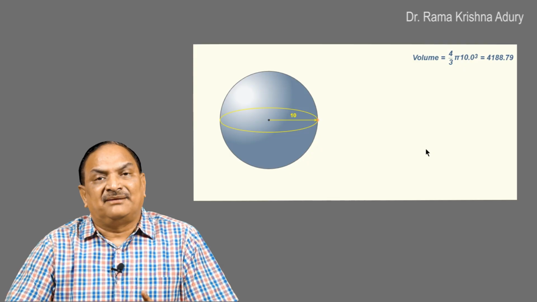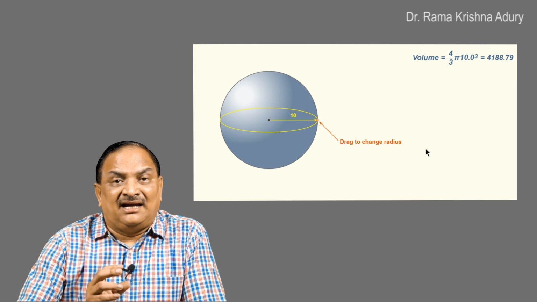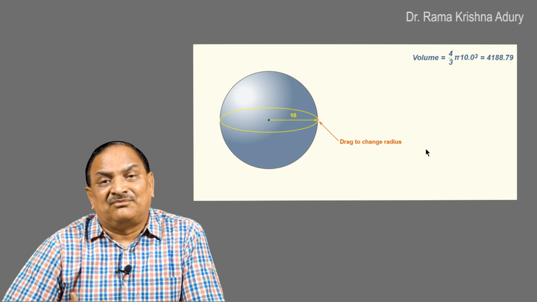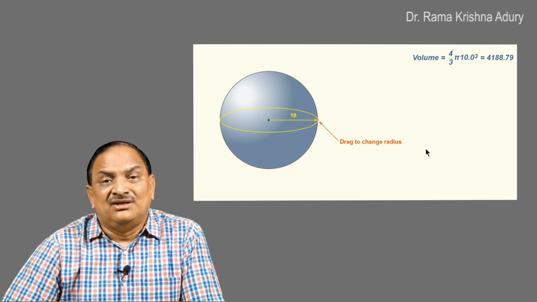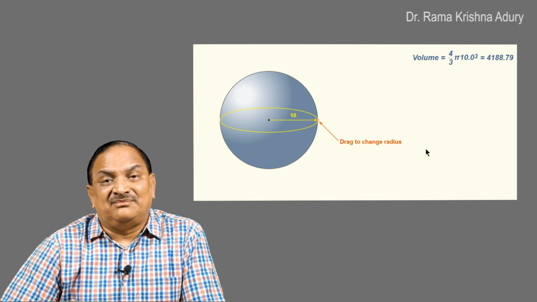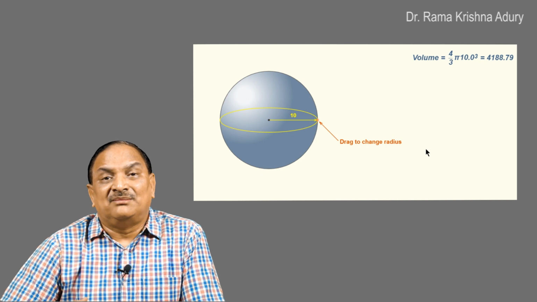Let us understand a sphere. A sphere is like a ball. If you double the radius, the volume becomes the cube of that factor: 2 times 2 times 2, so 8 times. So if you double the radius, the volume becomes 8 times.